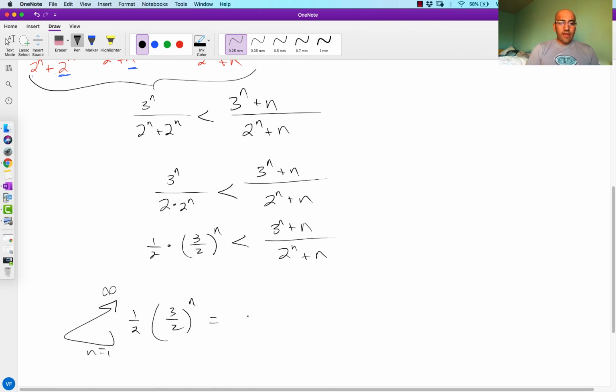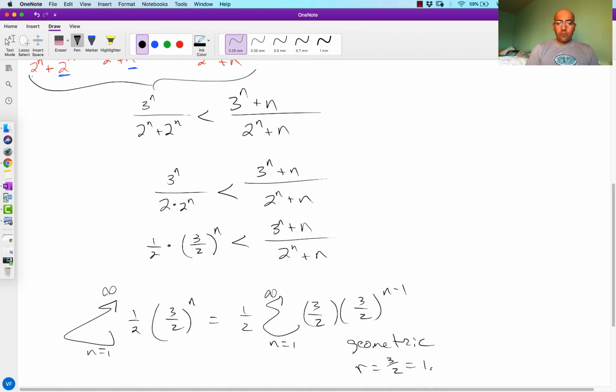Well, we can factor out the 1/2. That's 1/2 times the sum as n goes from 1 to infinity of 3 over 2 times 3 over 2 to the power of n minus 1. And this is a geometric series where r equals 3 over 2, that's equal to 1.5. That's larger than 1.